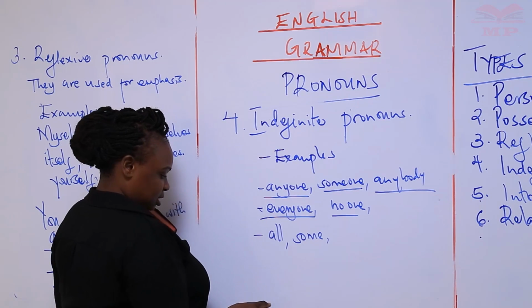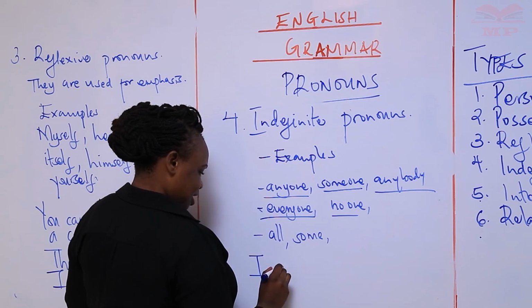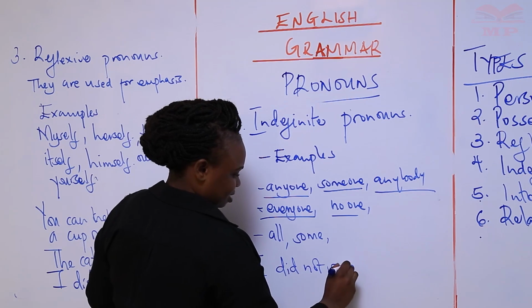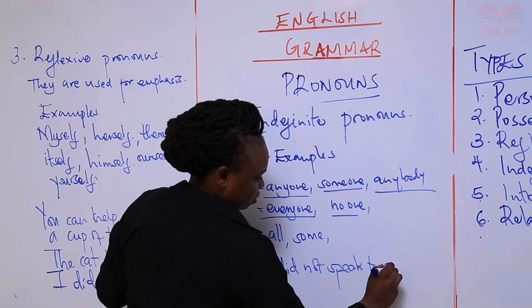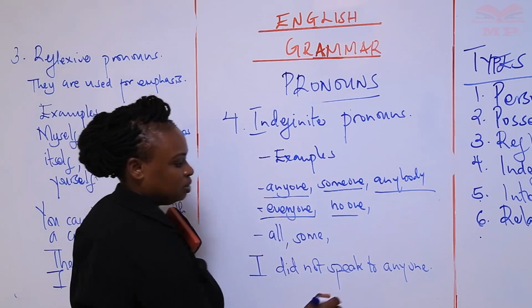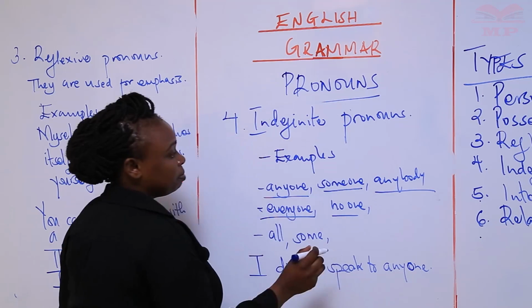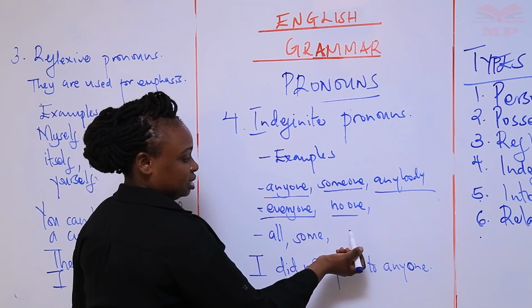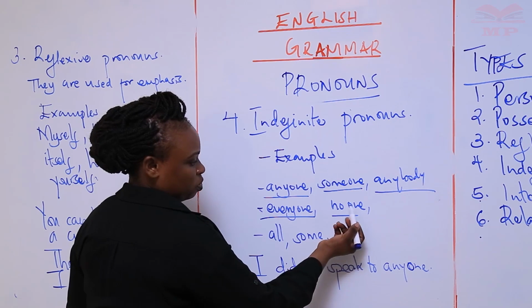An example in a sentence: I did not speak to anyone. This is one word. Remember, you should be careful not to separate them. They're normally written as one word, except maybe for no one.